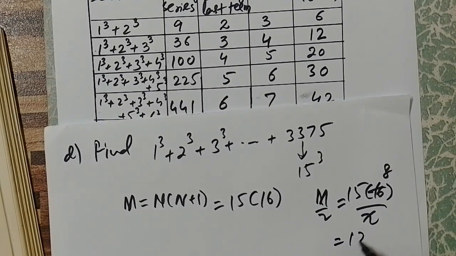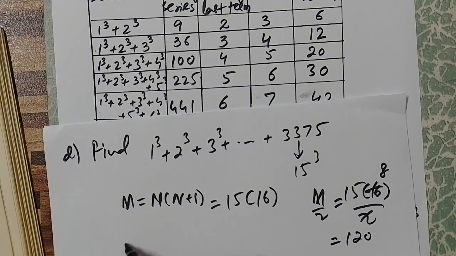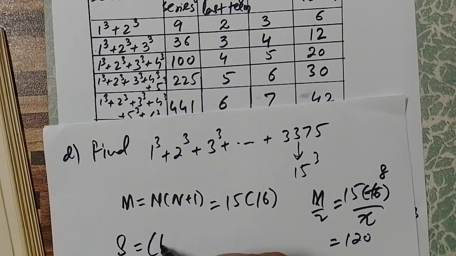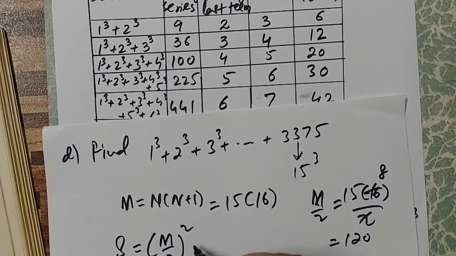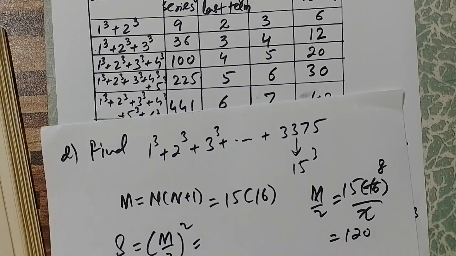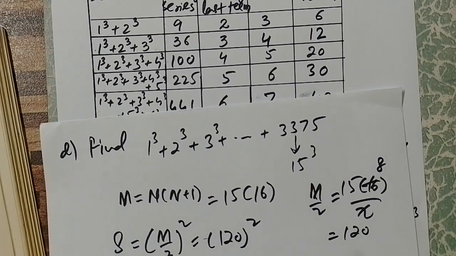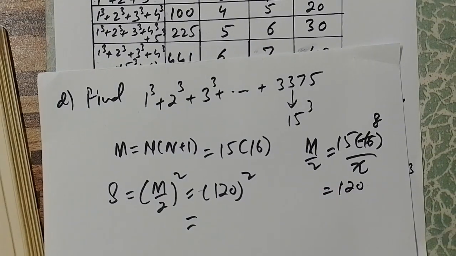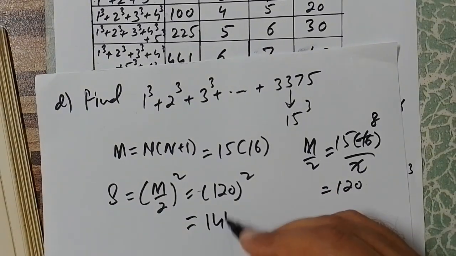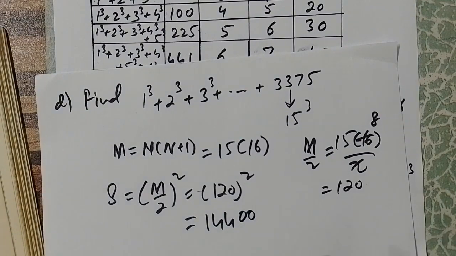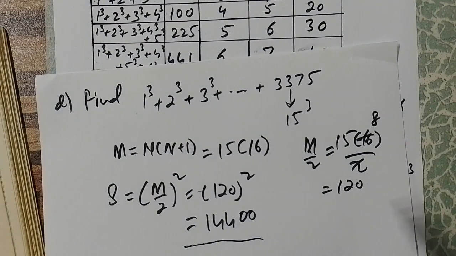This gives 120, and we know that the sum is equal to m by 2 whole square. So m by 2 is 120. 120 square is equal to 14400. So this is how we can find the sum of this series using the above data.